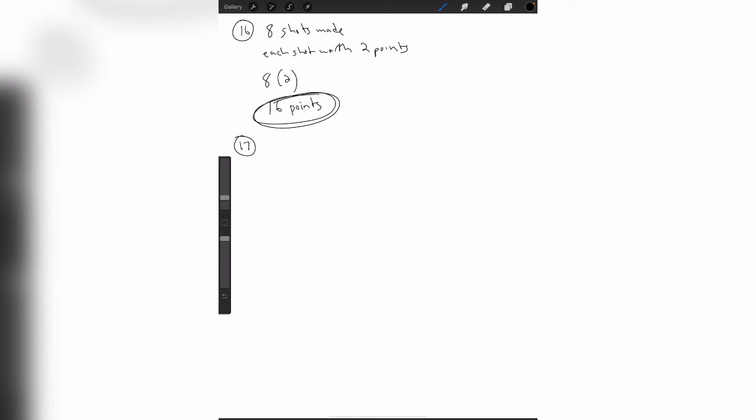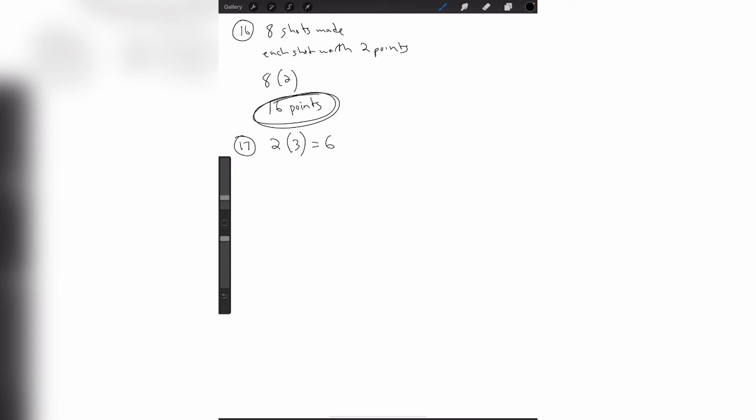Number 17. In the last baseball game, there were two 3-run home runs, which means that every single time they hit a home run, it scored 3 runs. So 2 home runs, and each one scored 3 runs.